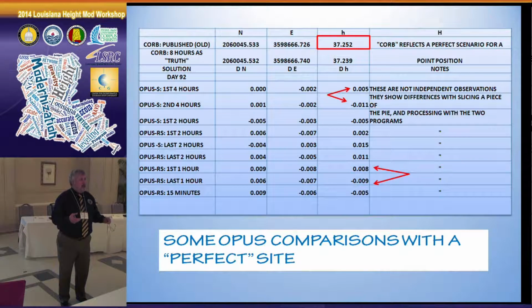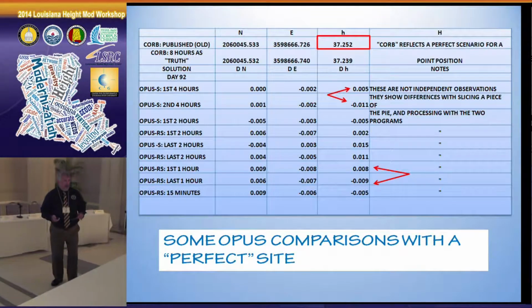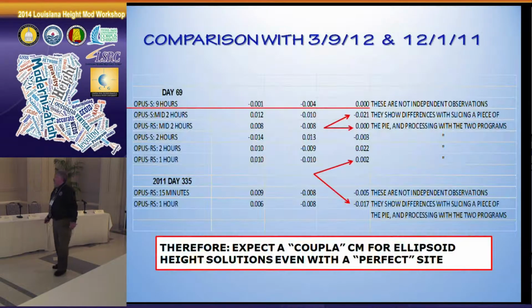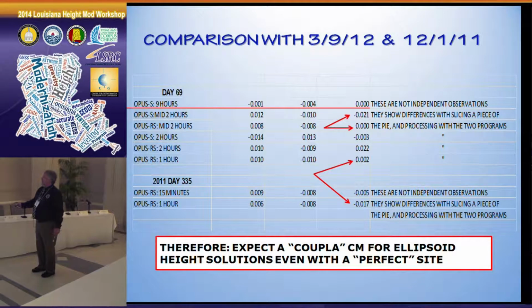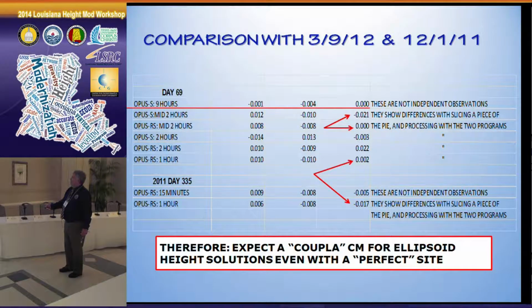This is more or less the best site you're going to get. And we've got a couple of centimeters variation in one solution. So at your site, on your setup, with your observation, probably not going to be as good a condition. So this is the best you're going to get. I just want you to be aware of that. This is different days. This is day 69 and day 335.